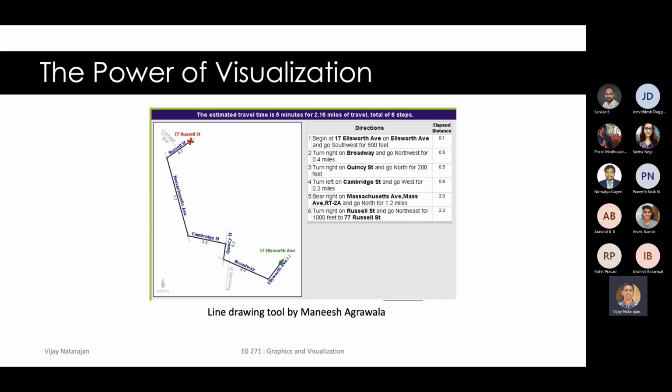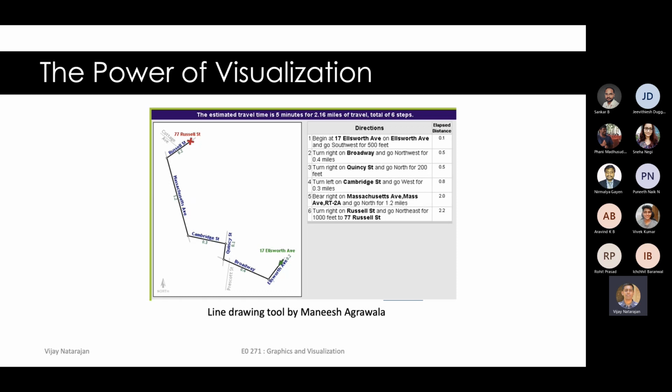If some of you have seen screenshots of the very, very early days of Google Maps, so prior to that, there were a few tools that were available for planning your trip. Right? There were several tools available, one in every country, right? I think in India there was one tool which was popular called Map My India, if I recall. There were other similar tools in the US and Europe and so on.